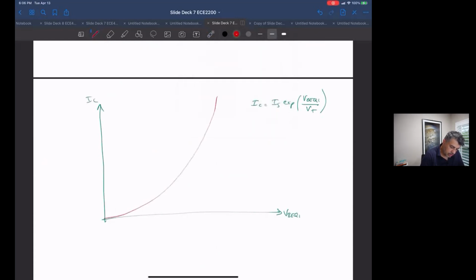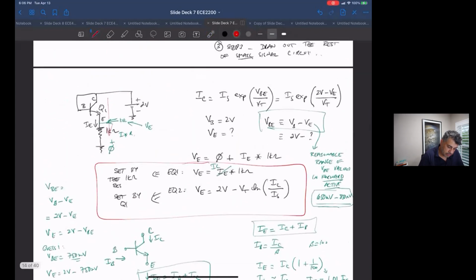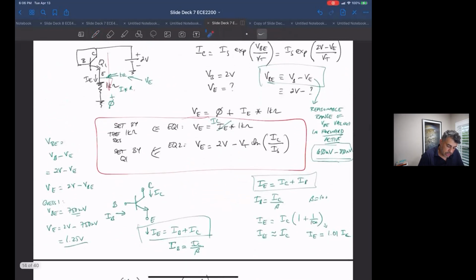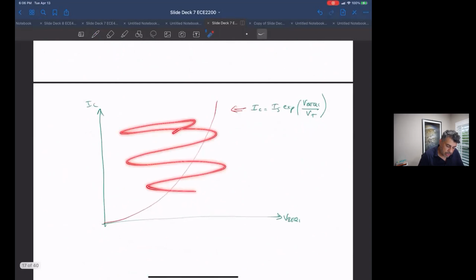It's going to look like this exponential curve, right? So that's this guy, or it could be this guy. So that's one. Now I gotta graph this thing here on top of this.